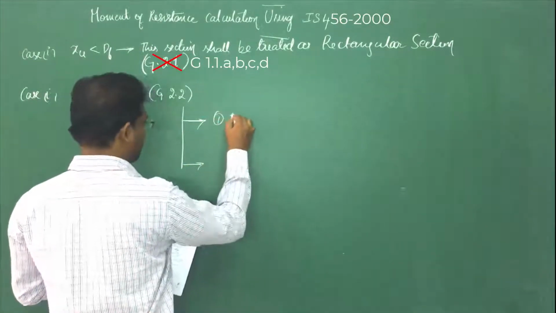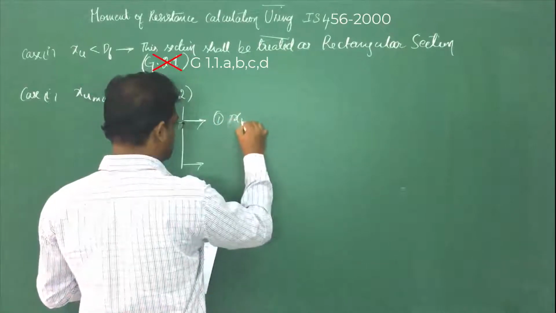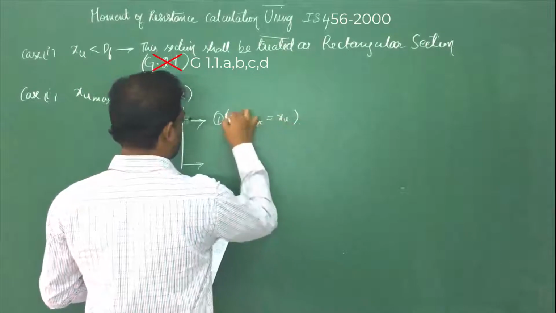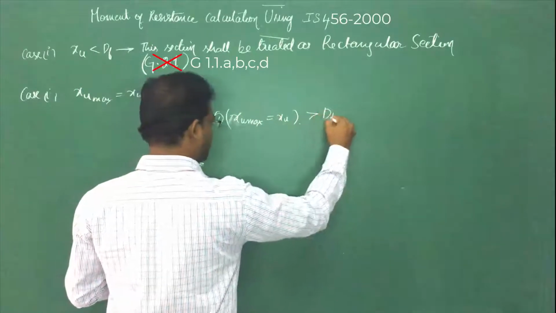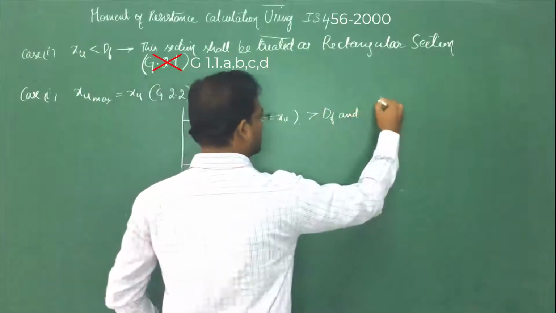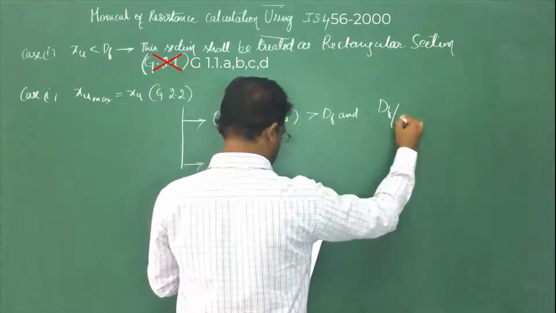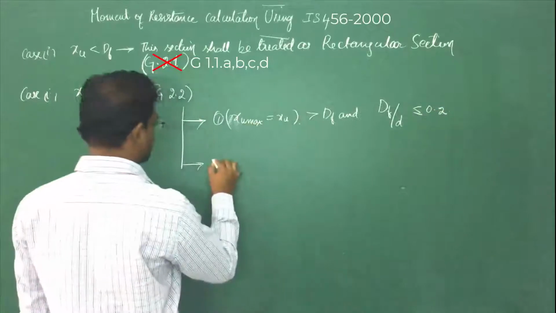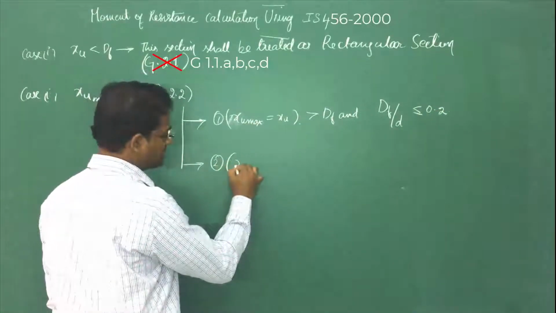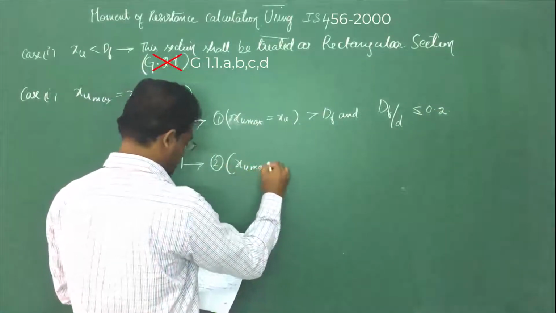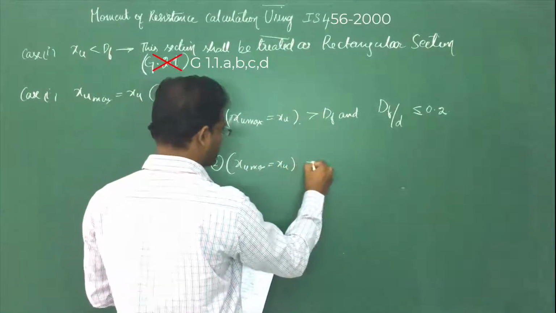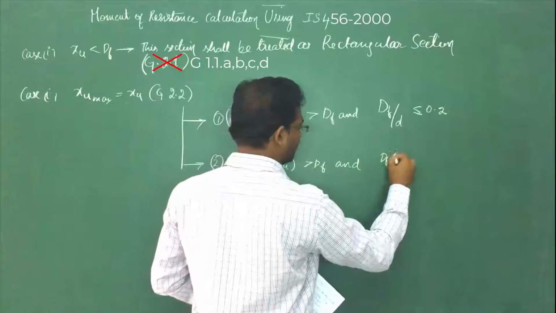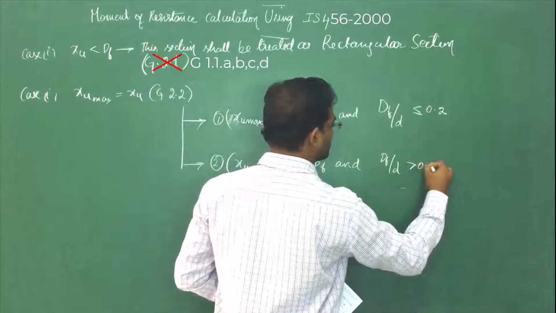One is if Xu max equals Xu, which is greater than Df, and Df by D is less than or equal to 0.2. There is another equation in continuation to this, which is Xu max equals Xu, which is greater than Df, and Df by D is greater than 0.2.